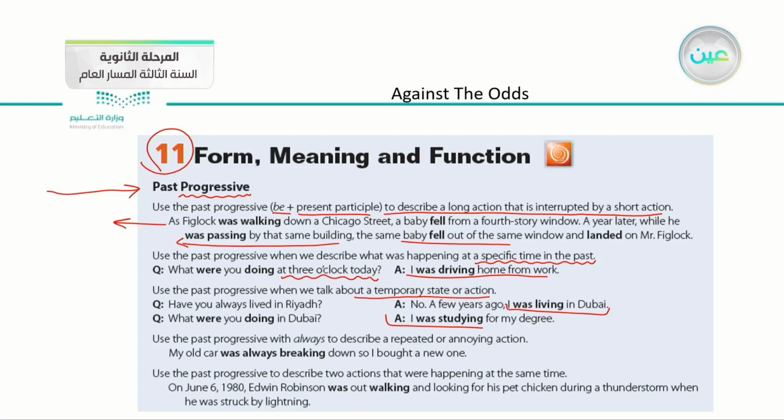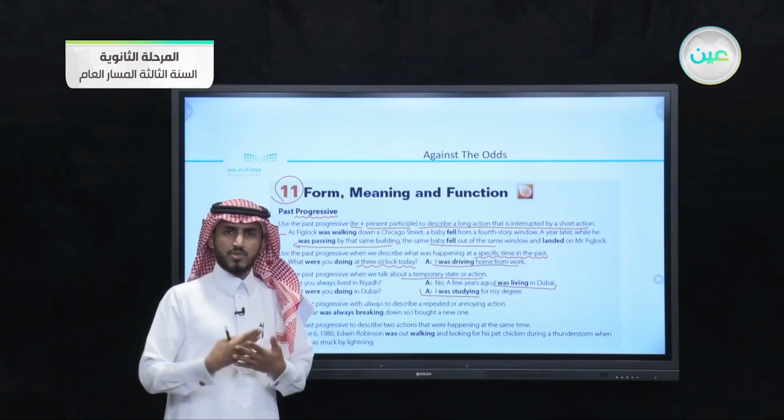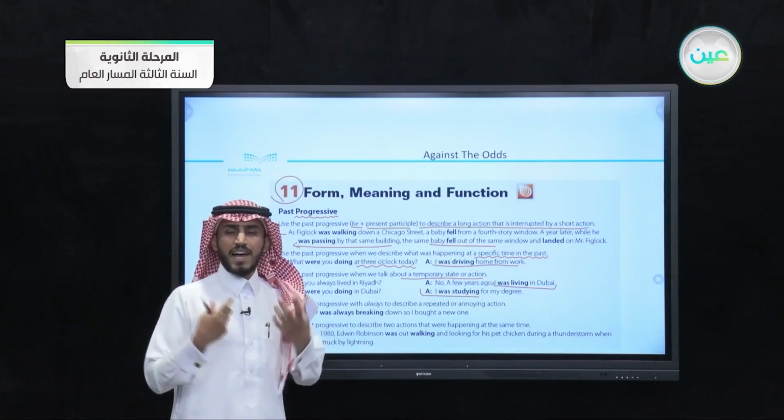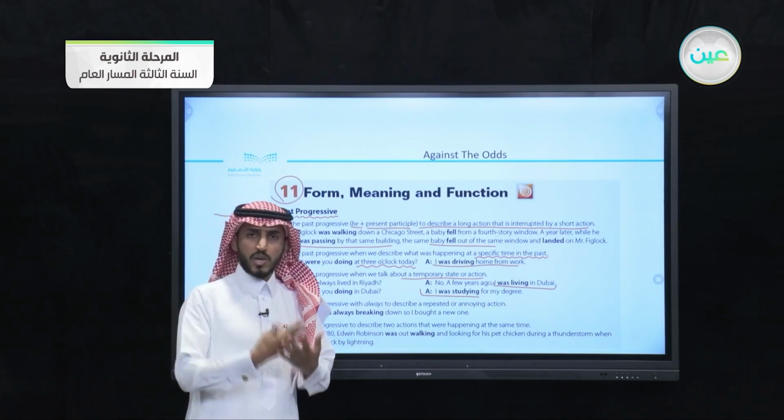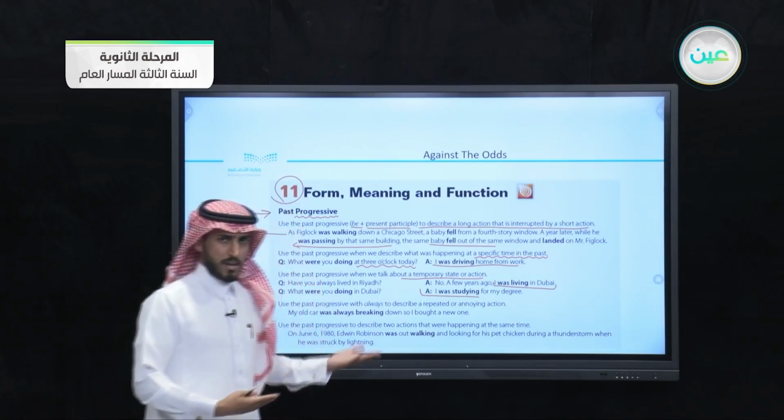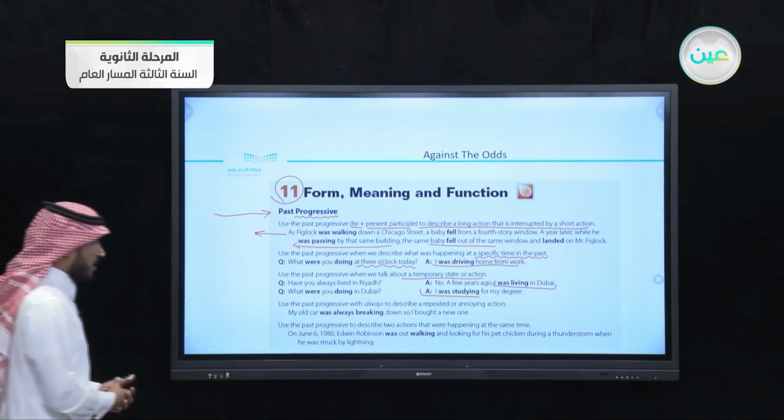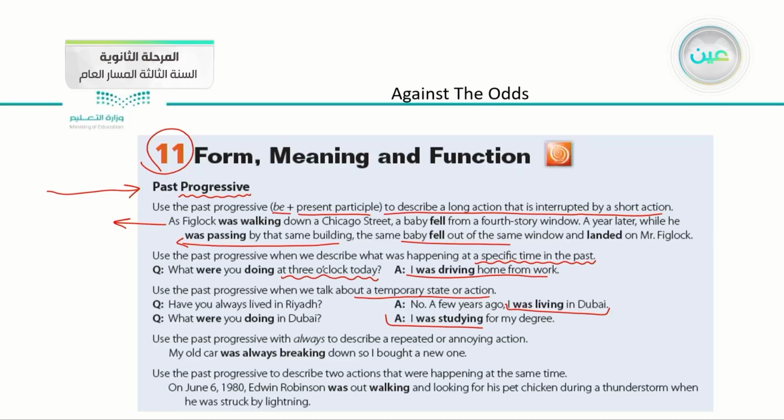Another situation for using the past progressive is with always, to describe a repeated or annoying action. If you want to complain about something, it's okay to use the word always. For example, in this example: my old car was always breaking down, so I bought a new one.